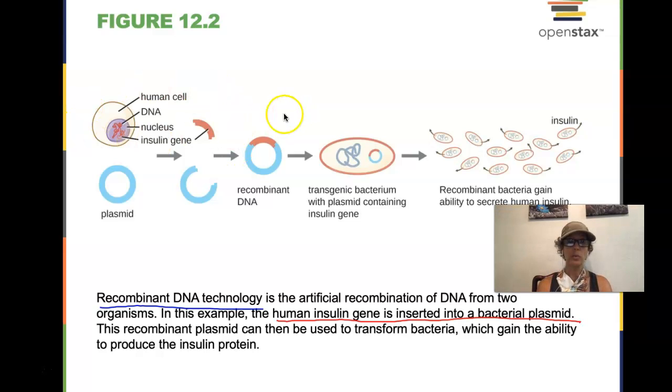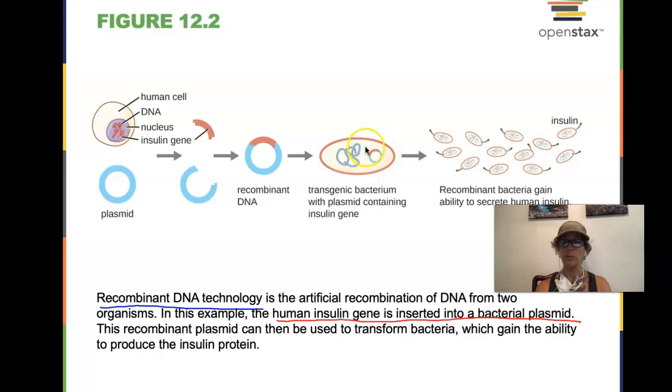And then, once we have this recombinant DNA, there are various techniques we can use to introduce that recombinant DNA into a bacterium. And when this bacterium grows and divides, it will copy its chromosome, but it will also copy the plasmid so that all the offspring contain this information.